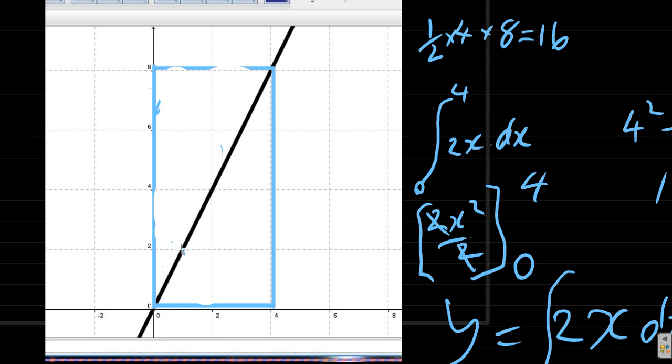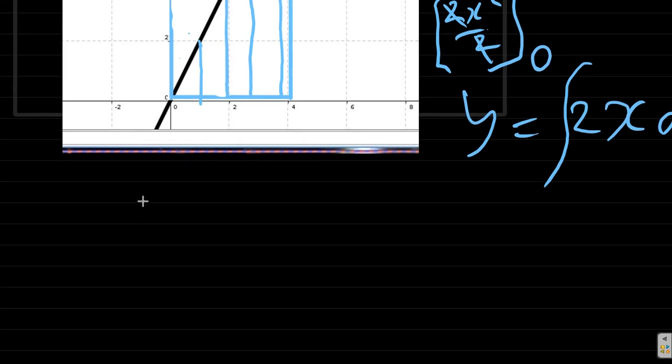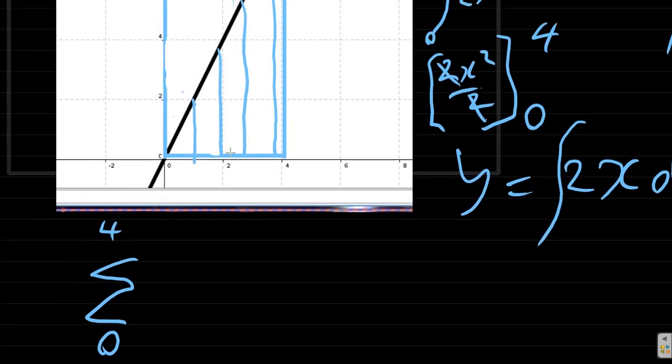What we do is cut this triangle into trapeziums, and I found the sum from 0 to 4 of the width, x, times the height. Now the height is x squared.